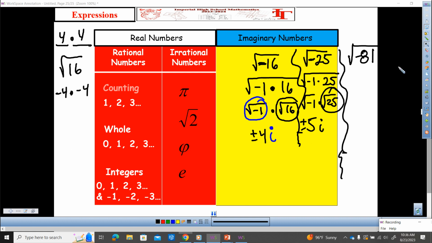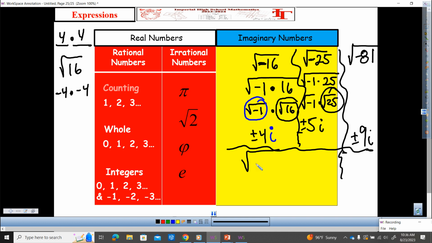All right, square root of negative 81. What'd you get for that one? Kimberly, what'd you get? Said plus minus 9i. Hands if you got that. That is correct.